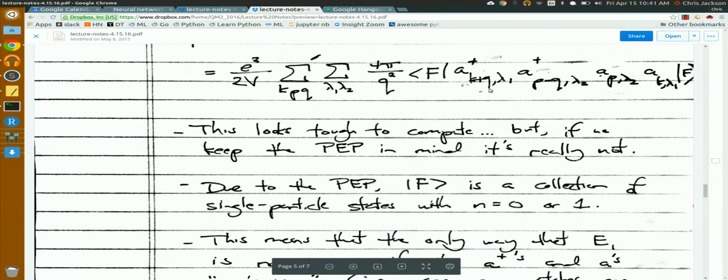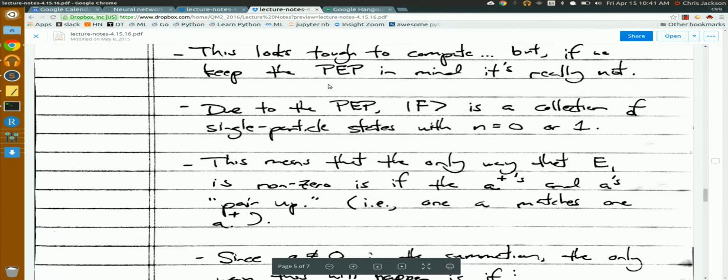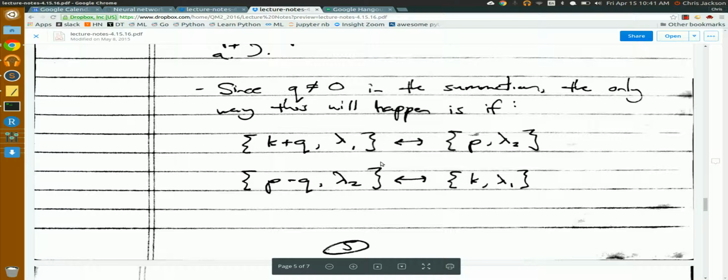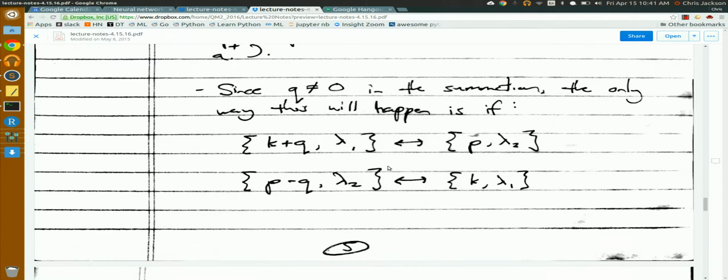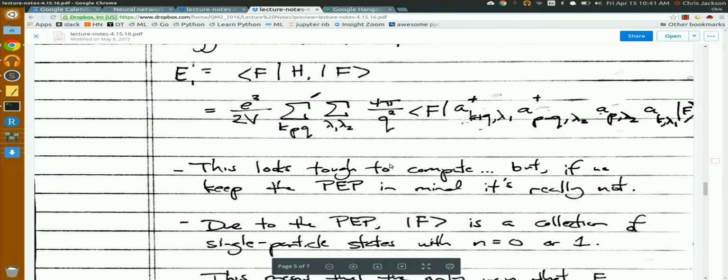But I know that q can't be 0. That's what the prime is telling us, that we've already accounted for that. So I have to flip-flop that. Instead of taking this one with this one, I have to take this one, the lambda 2, with this one. Does that make sense?